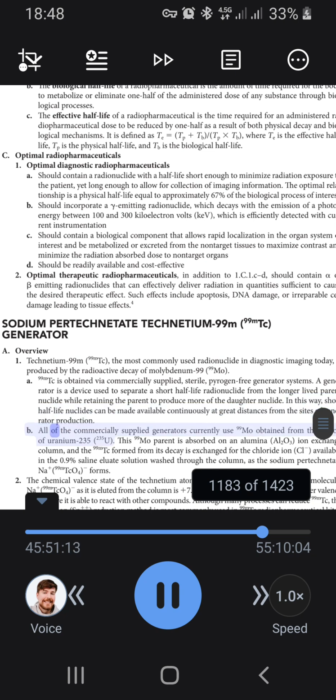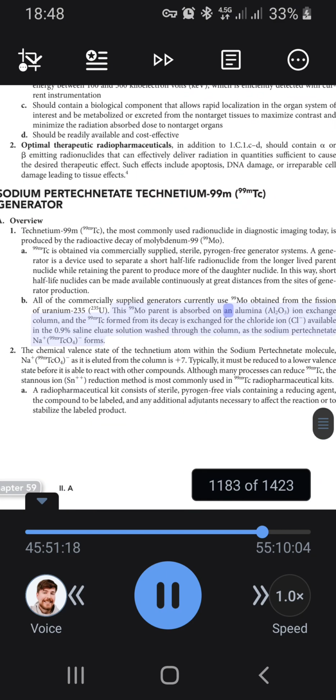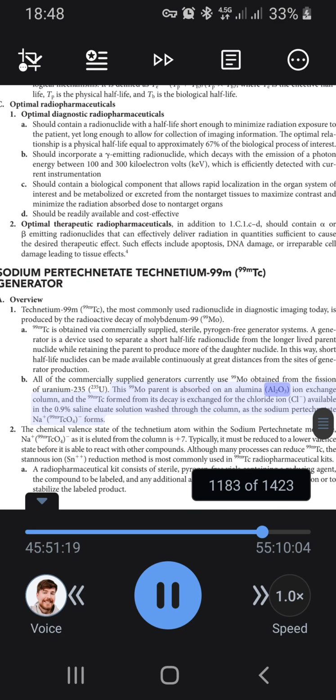B. All of the commercially supplied generators currently use 99Mo obtained from the fission of uranium-235 (235U). This 99Mo parent is absorbed on an alumina (Al2O3) ion exchange column, and the 99mTc formed from its decay is exchanged for the chloride ion, available in the 0.9% saline eluate solution washed through the column, as the sodium pertechnetate (Na 99mTcO4) forms.